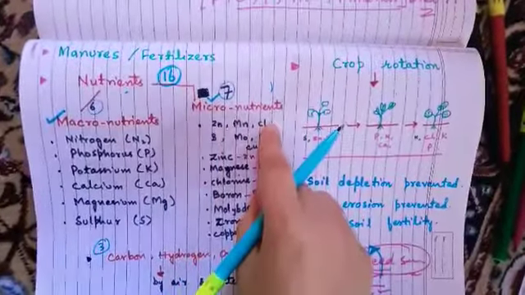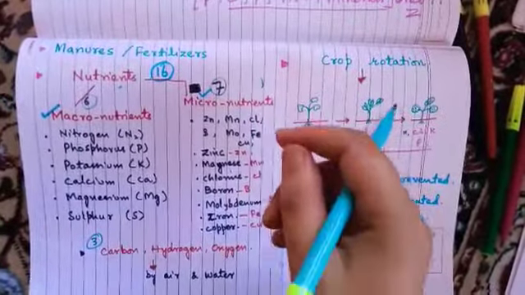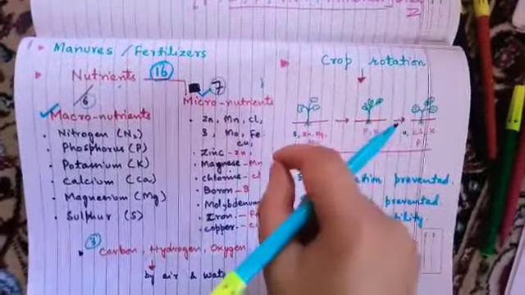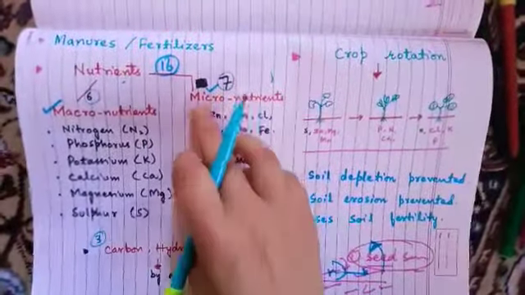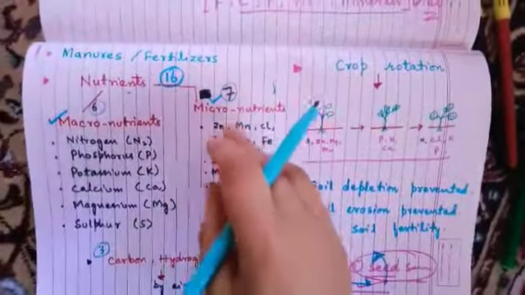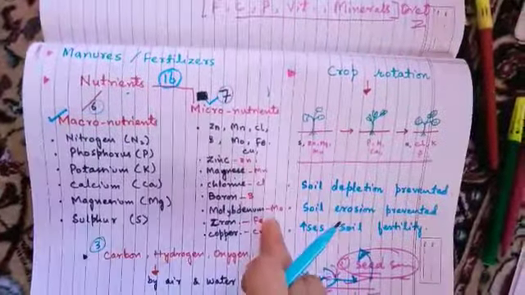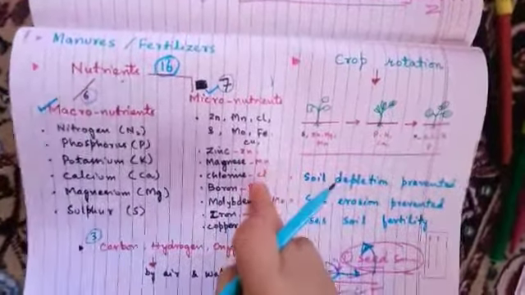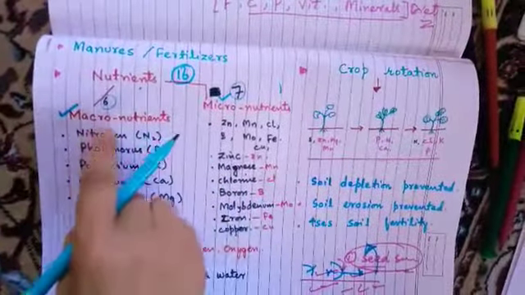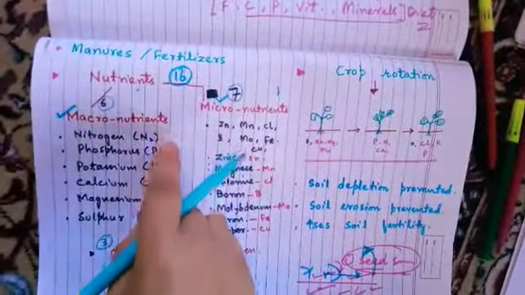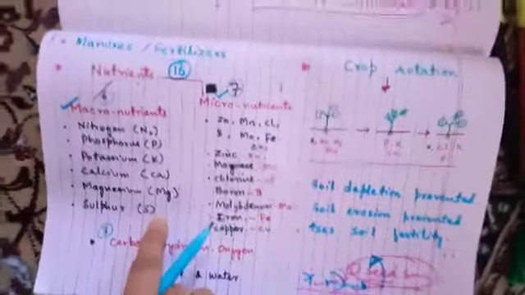For example, cells are microscopic structures. Micro means small. So micronutrients are needed by the plant in very small amounts, and macronutrients are those needed by the plant in large amounts.